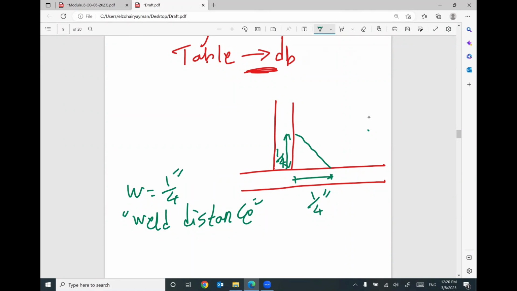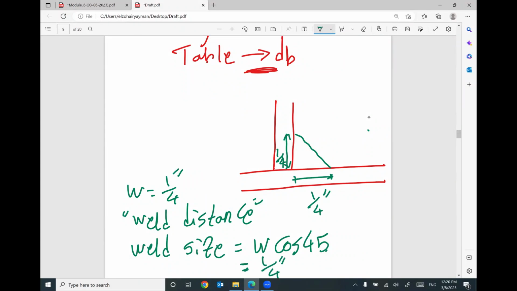But we have something called weld size. The weld size equals W cosine 45 degrees. So 1/4 inch times cosine 45 degrees, I can find the weld size.